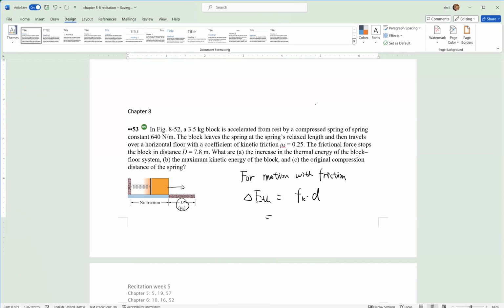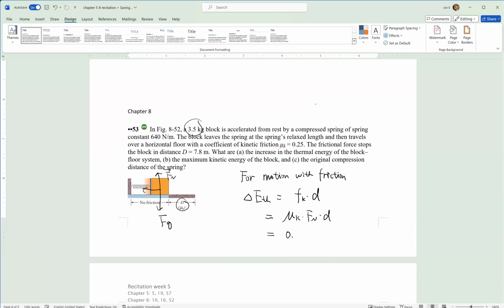And then you have the frictional force equal to mu k times the normal force, times the distance d. And the normal force actually is the gravitational force in this case. So I'm going to write here Fg, and then normal force. And here, this way, you are going to have friction.